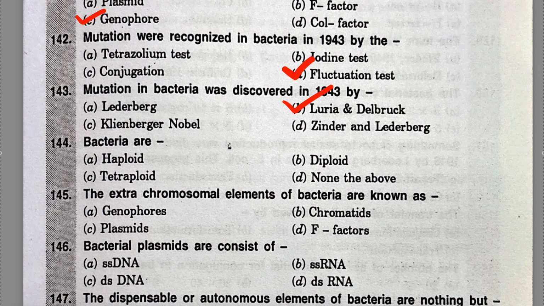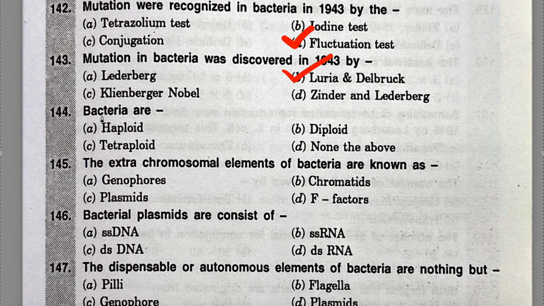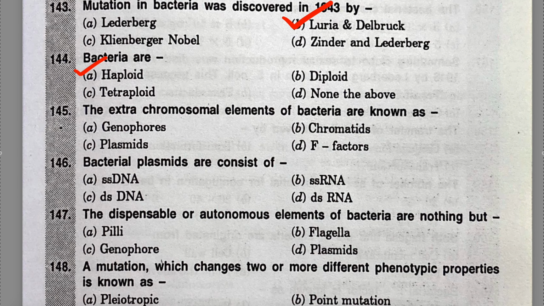Luria and Delbruck. 144. Bacteria are haploid, diploid, tetraploid or none. Answer A. Haploid. 145. The extra chromosomal elements of bacteria are known as ionophores, chromatids, plasmids or F factor. This we know.